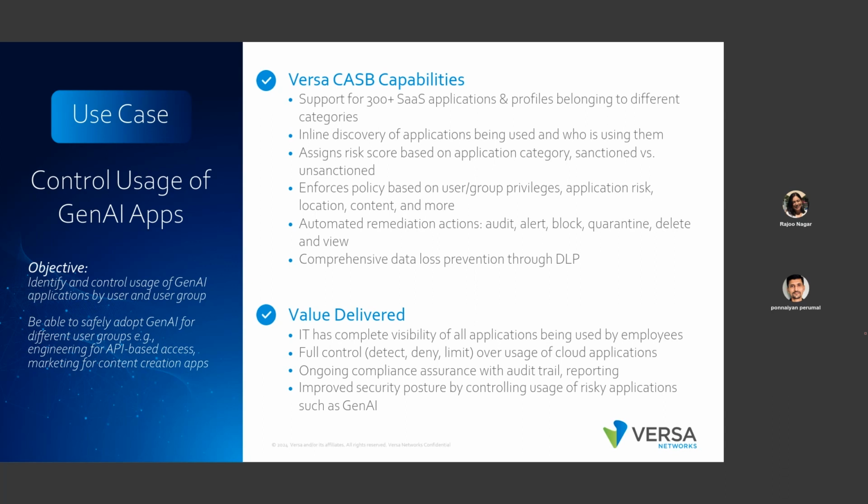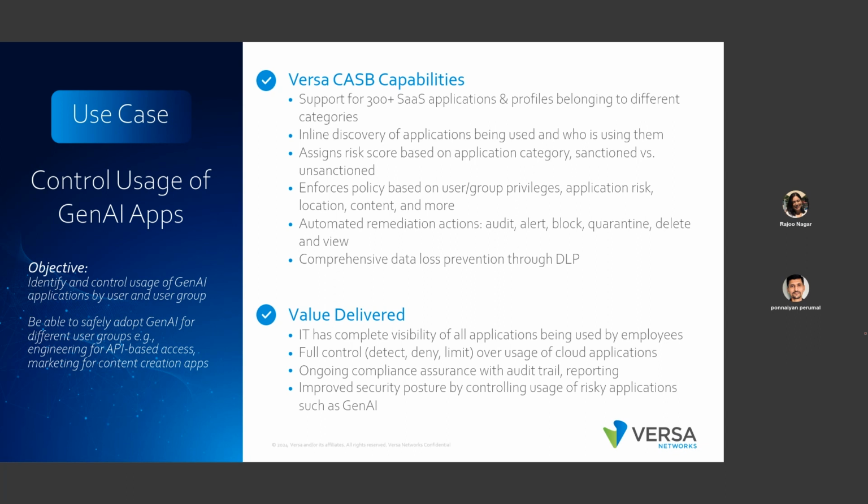So the SSE function that would actually be used to achieve this goal is CASB, which is the Cloud Access Security Broker. So Versa's CASB supports over 300 SaaS applications and CASB profiles belonging to different categories. It will do an inline discovery of all applications being used, including, of course, all the risky applications such as your Gen AI applications, who is using them, and it will assign a risk score to that application or application category, depending upon whether the application is sanctioned or unsanctioned.